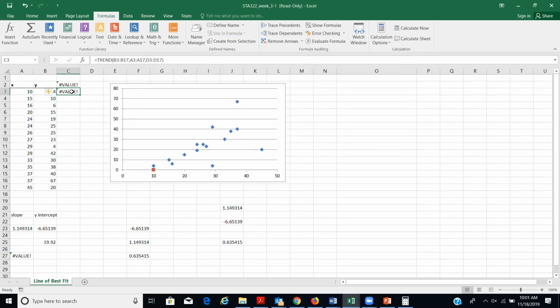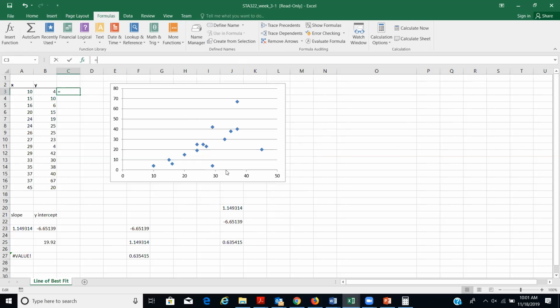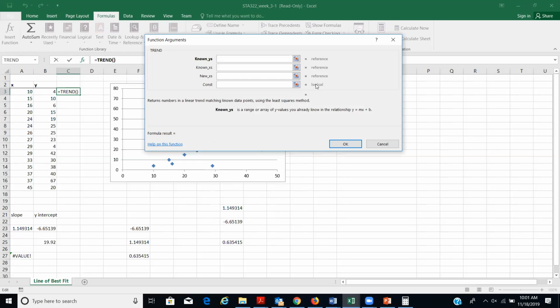So I'm not sure what I'm leaving out. Let's try that again. This is where I fault Excel, because if you'll notice in here, there is a logical reference. Okay. And what that means, I'm not sure.